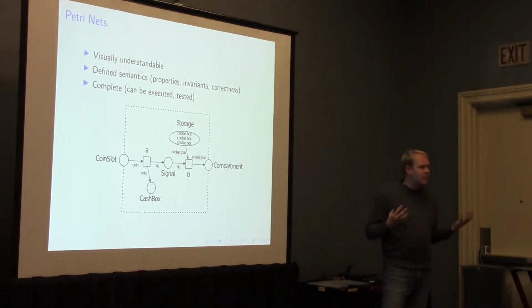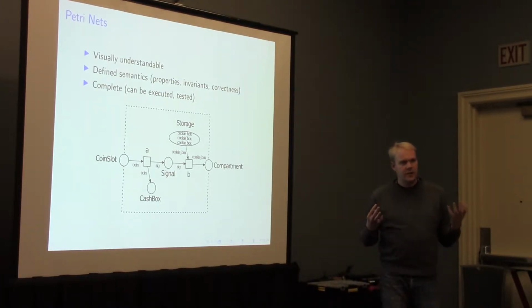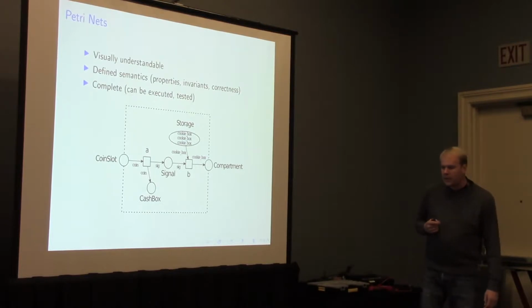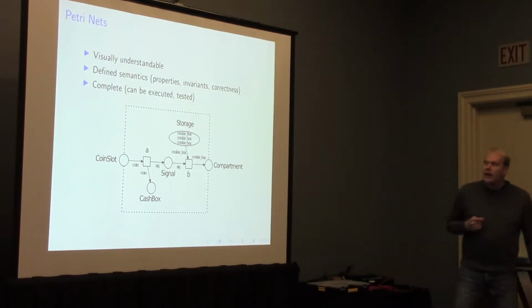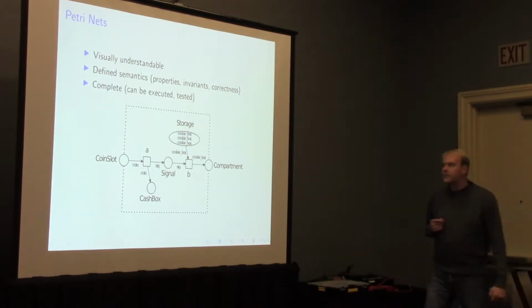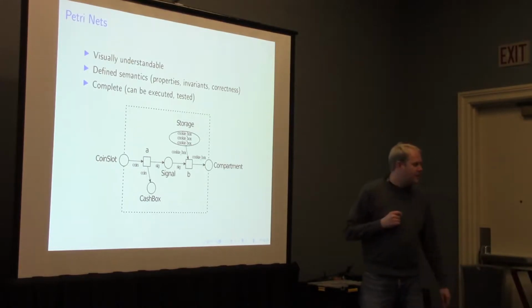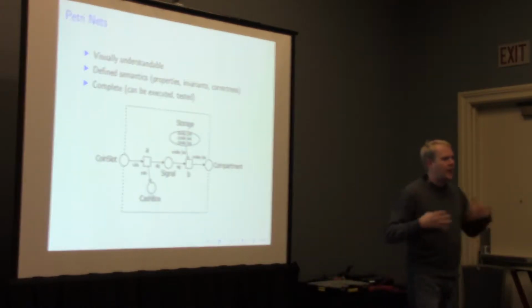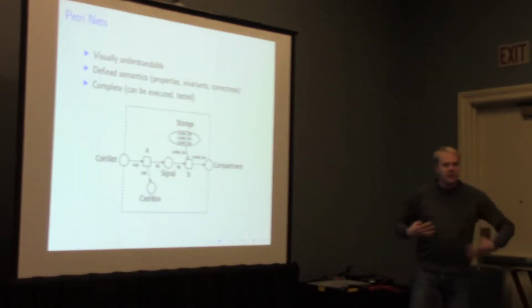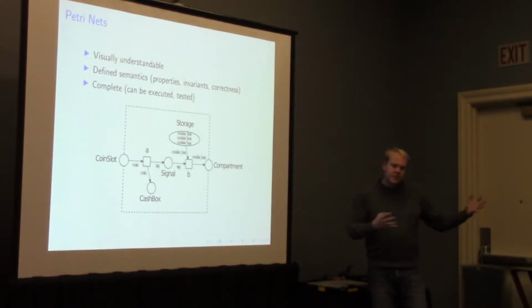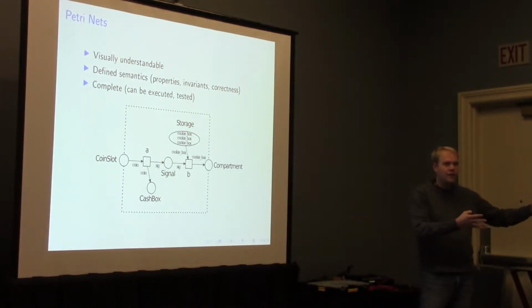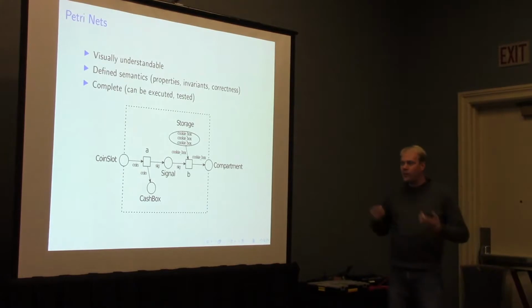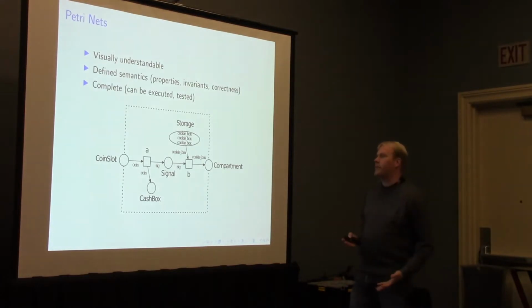And we can make up a notion of correctness and check it formally. The third thing that is very good is that since they're complete descriptions of a program, we can execute them, we can test them, we can iterate on them. It doesn't need to live in the realm of the document. We want to drive software from it.